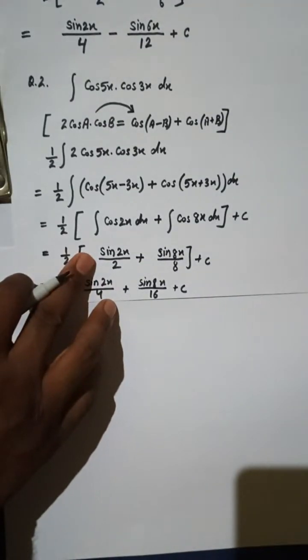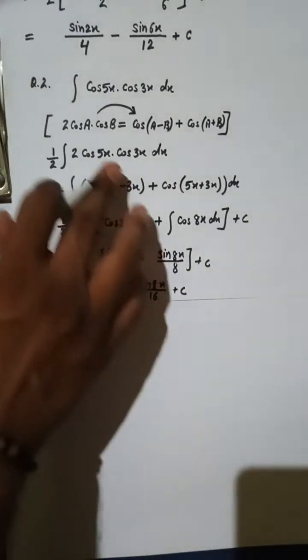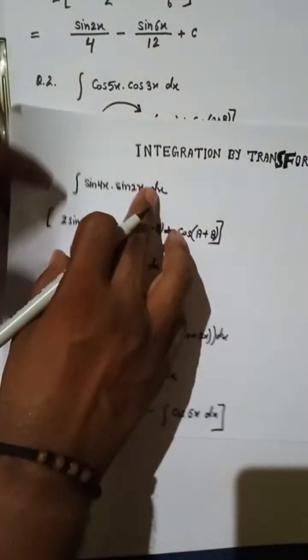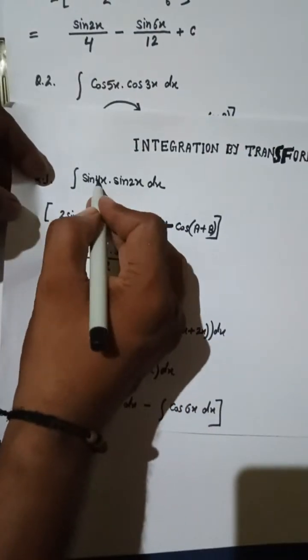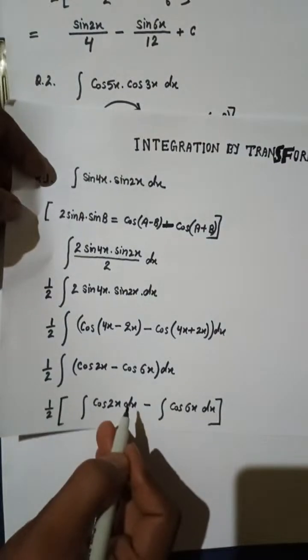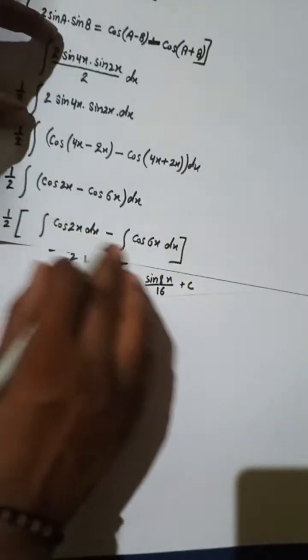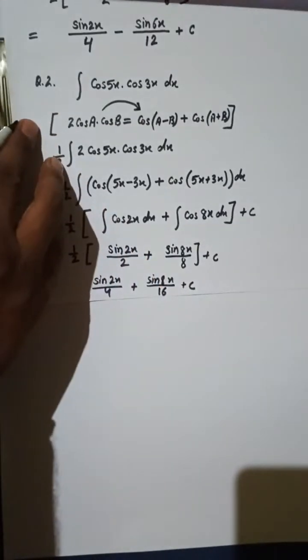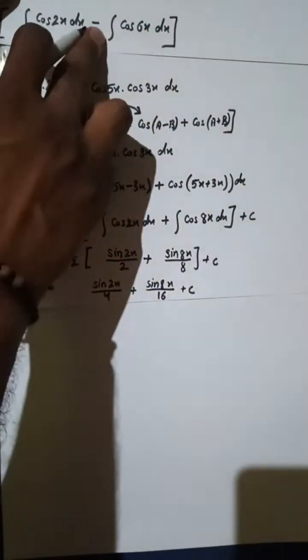Before that, we had two problems. The first one we did was sine 4x into sine 2x. Both are sine, so we got cos 2x minus cos 6x. If both are sine, then we need to put minus.